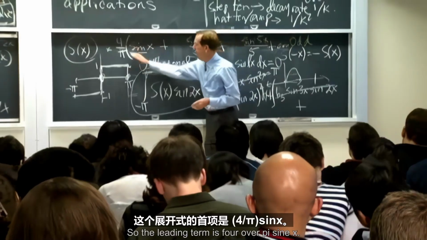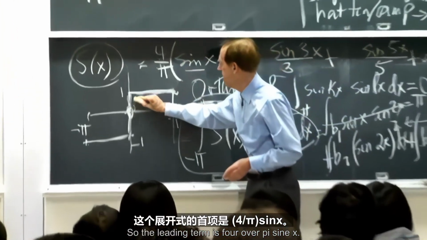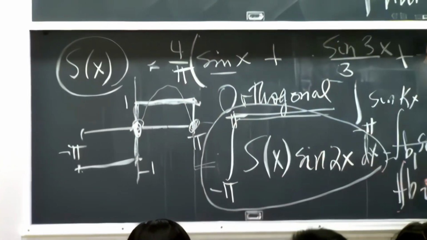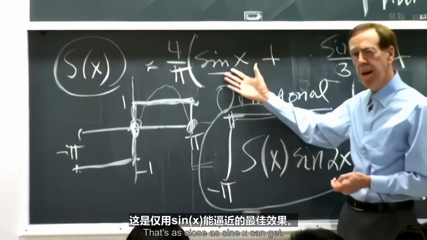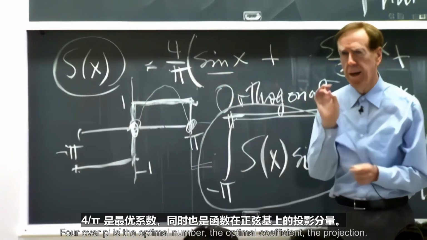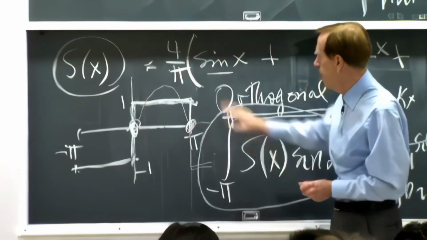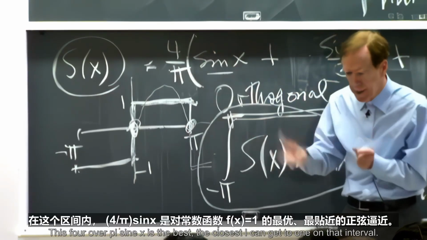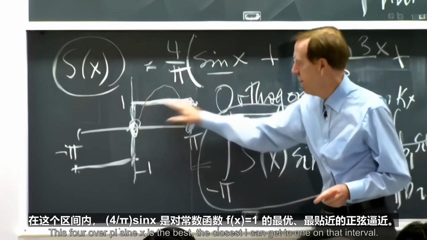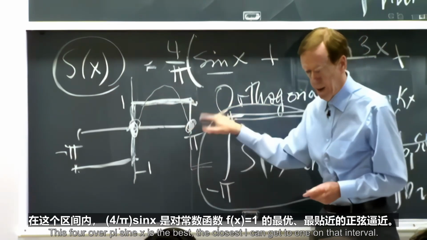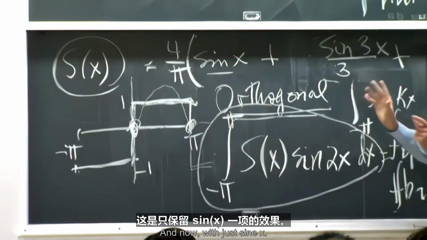So the leading term is 4 over pi sine x. That would be something like that. That's as close as sine x can get. 4 over pi is the optimal coefficient, the projection. This 4 over pi sine x is the closest I can get to 1 on that interval, with just sine x.